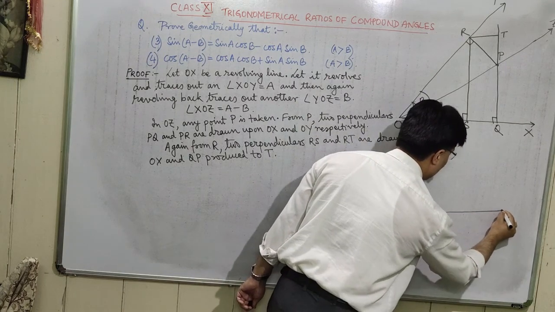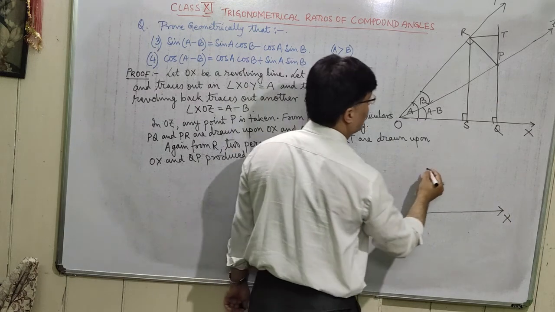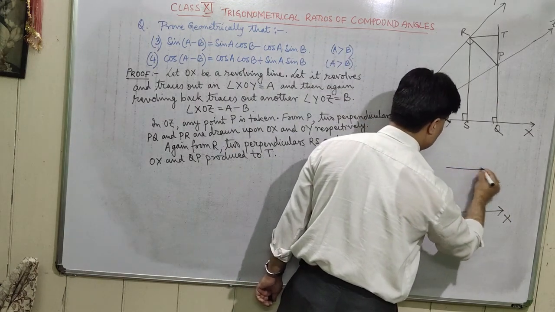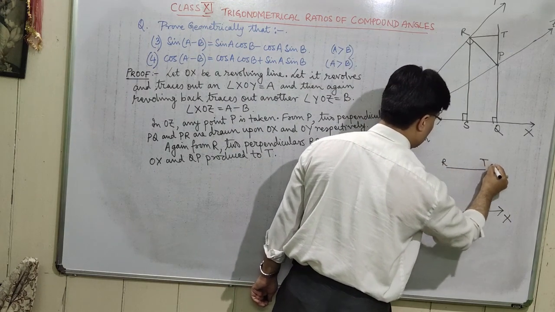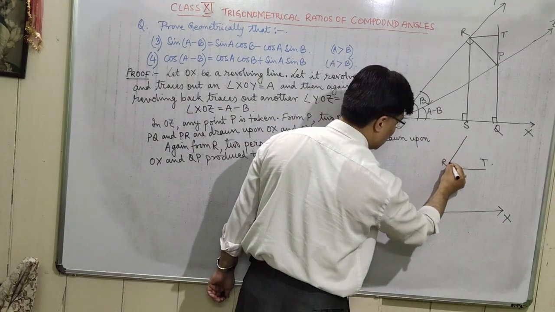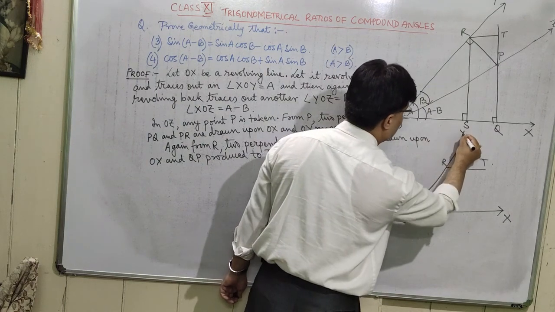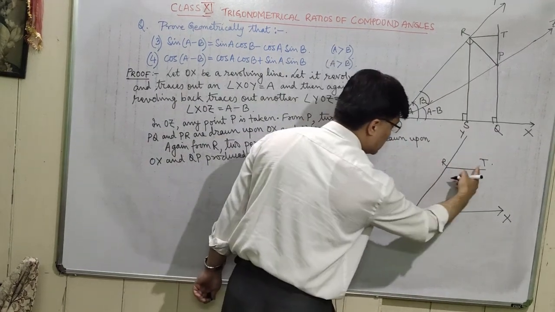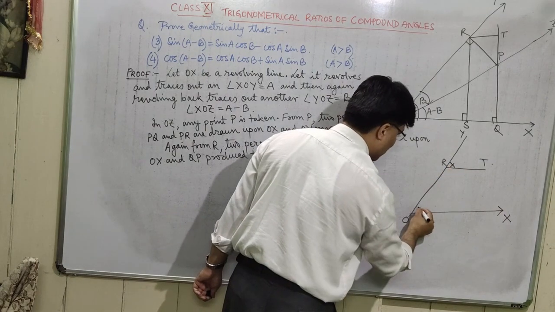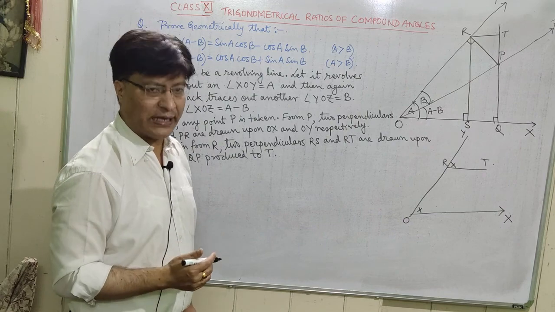This is your OX, and this is your RT. These two straight lines are parallel to each other, and this straight line, that is ORY, cuts them. So these two angles are known as corresponding angles, and these corresponding angles are always equal.